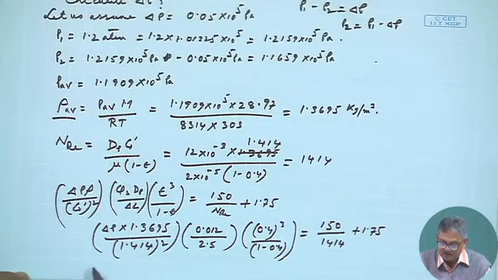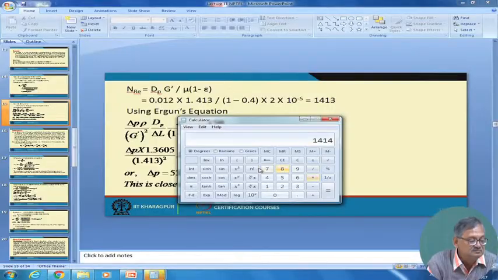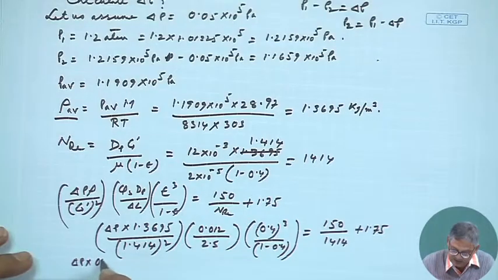right. Now let us find out delta P times that, this value 1.3695 divided by 1.414 square is equal to this, that is 0.6849, okay, 0.6849.